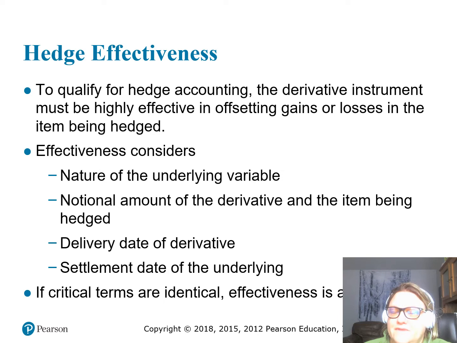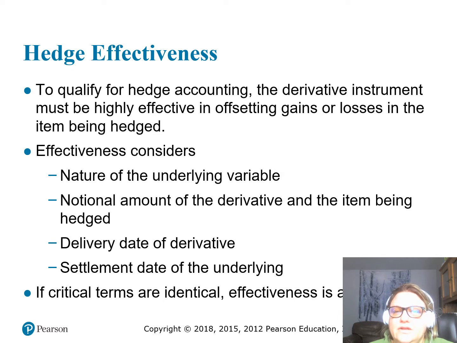That's a very, very simple way of saying it. It gets more complicated than that, but just to let you know, was it worth it? Could you have gotten the same effect without buying a derivative? For example, if you hedge against something and it doesn't happen, then you didn't need that derivative at all.